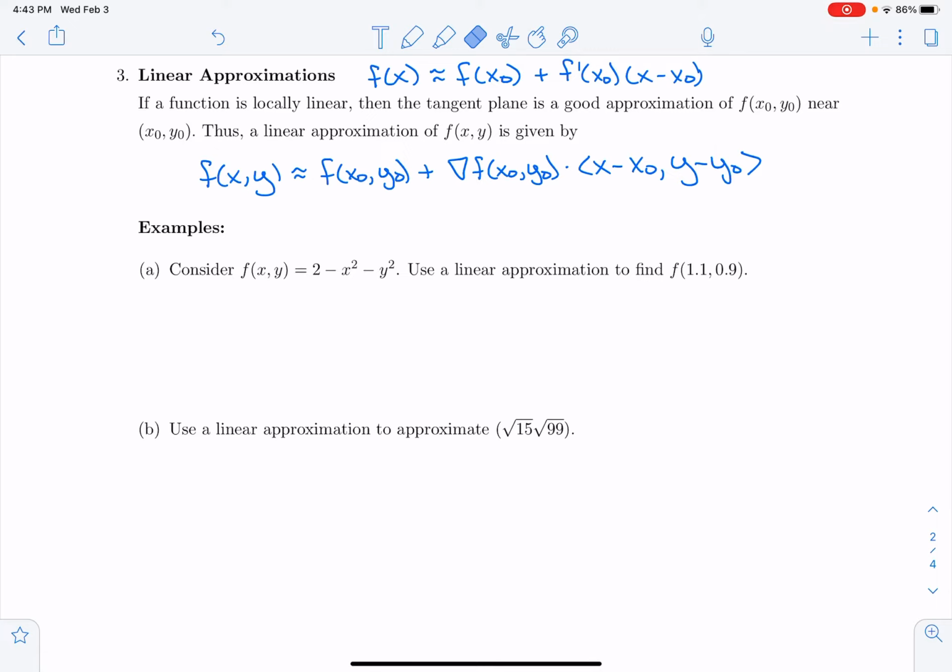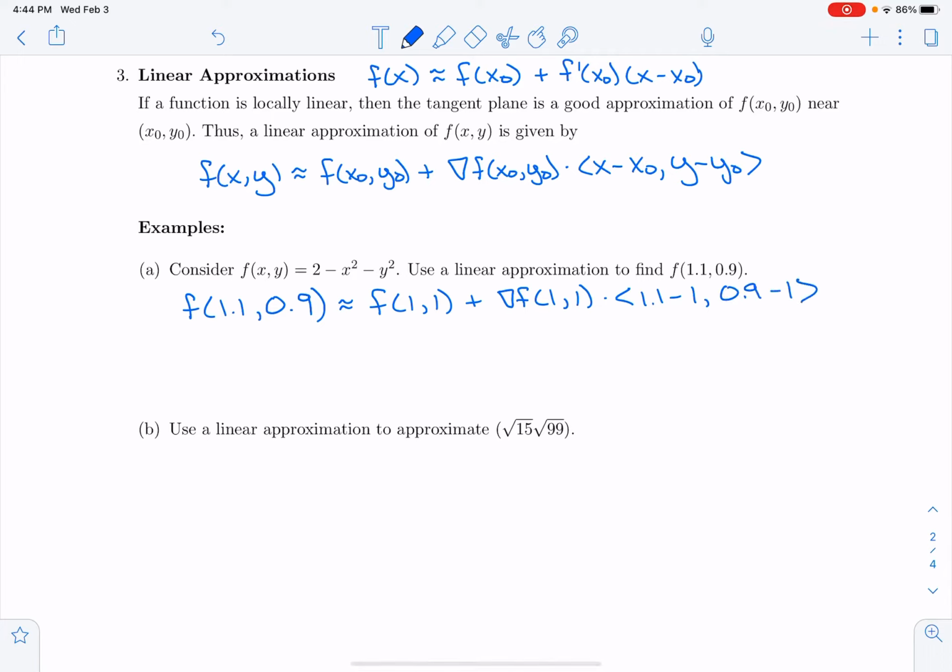So if we wanted to find f of 1.1, 0.9, well, that's going to be approximately equal to f of 1, 1 plus the gradient of f at the point 1, 1 dotted with 1.1 minus 1 and 0.9 minus 1. So here we're saying near 1, 1, f of x is approximately equal to the tangent plane.